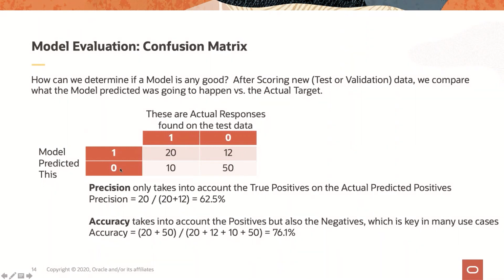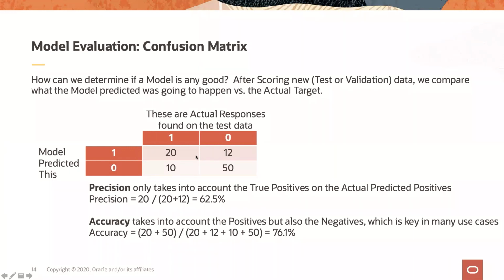I predicted this was a non-buyer, and they were a non-buyer. So I got 50 over here. Normally what you want to see is this diagonal increase in size and get very big, and hopefully this diagonal of the errors get lower and lower in number as you try to build a better and more advanced model. That is typically what you would like to see.